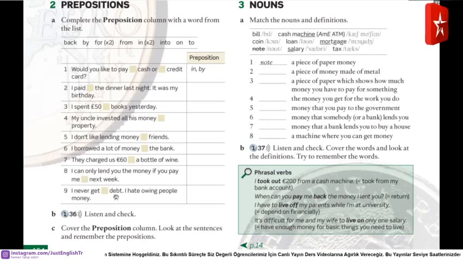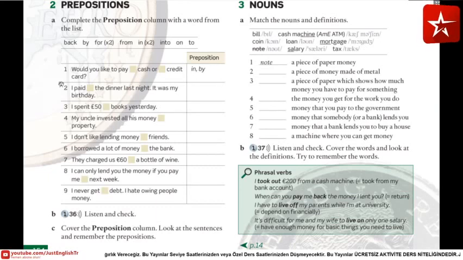I never borrowed money from people. So into is the correct answer. Lara, Azime, and Tucker say into. Yeah, into is the correct answer.